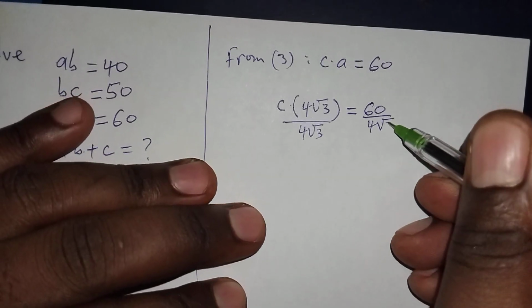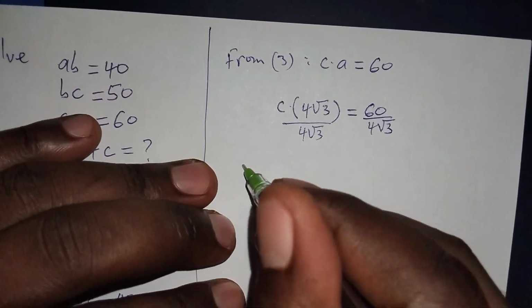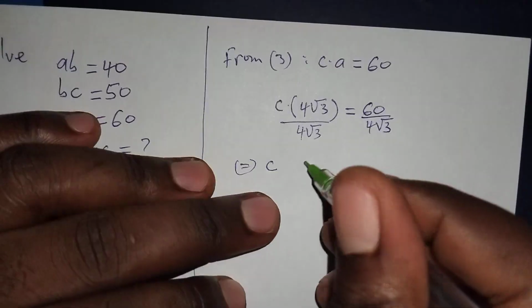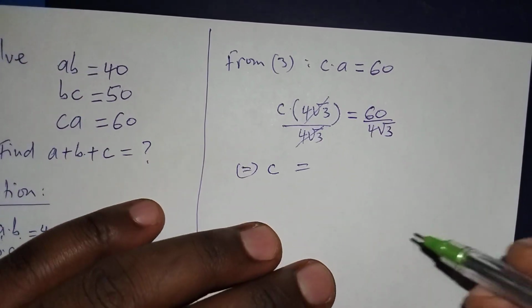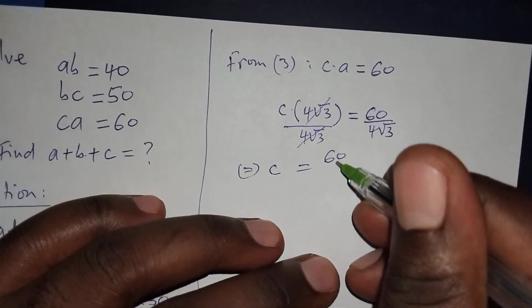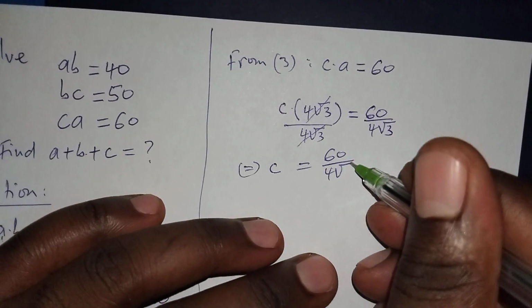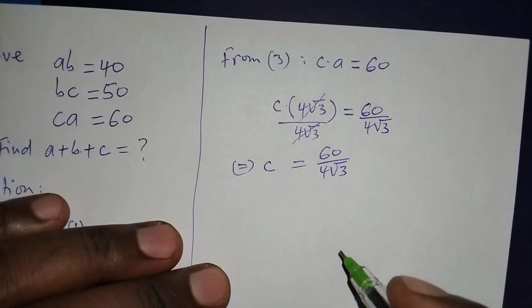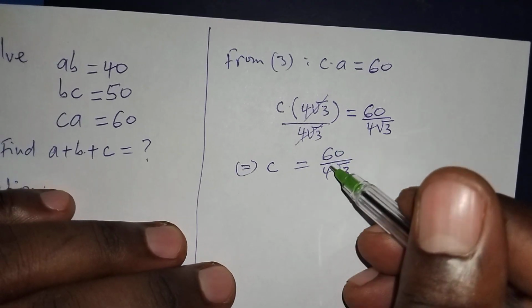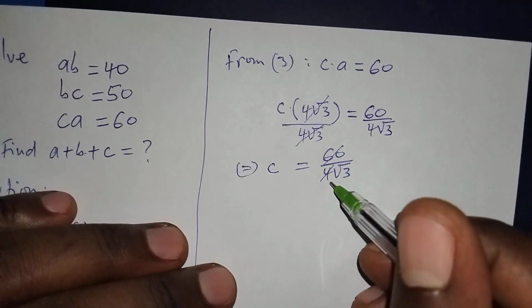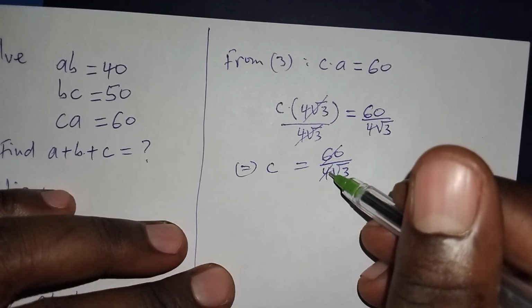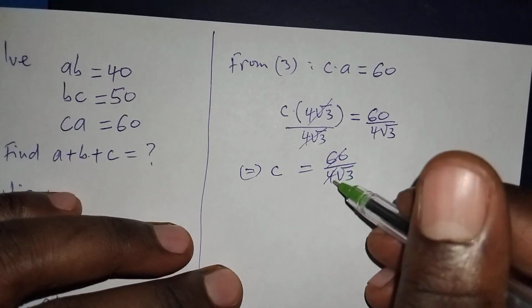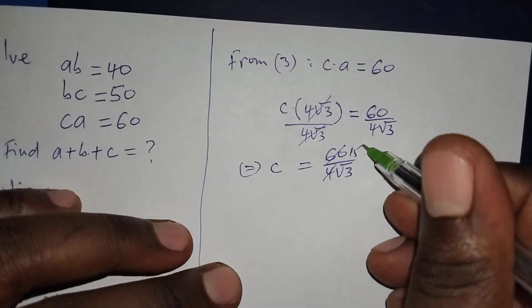So we have C equal to 60 over 4 square root of 3. Simplify 60 and 4. 60 over 2 is 30, 30 over 2 is 15.